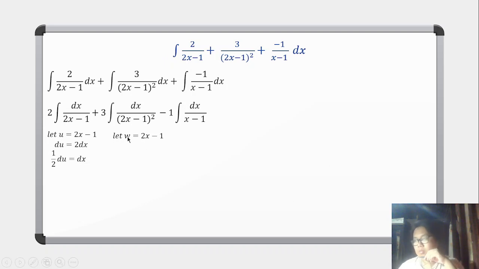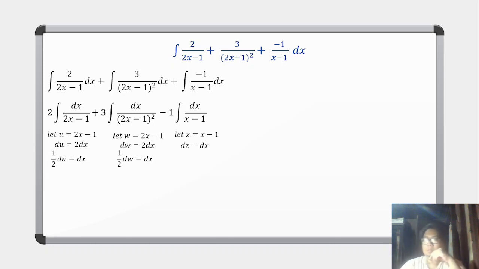I just decided to put another variable so that I may avoid confusion. So our dw now is equal to 2 dx, and 1/2 dw is equals to dx. So for the next term, let z is equals to x minus 1, and dz is equals to dx.